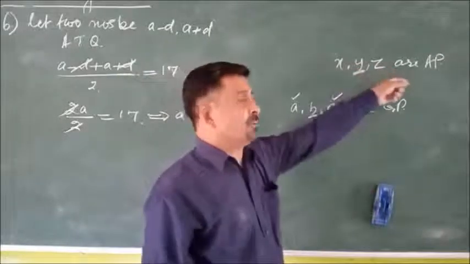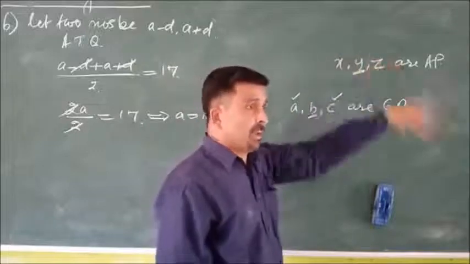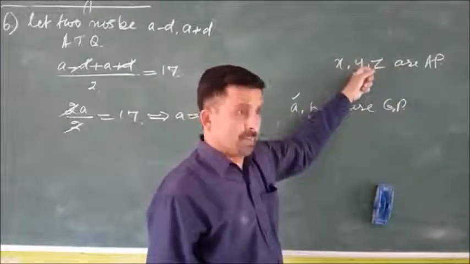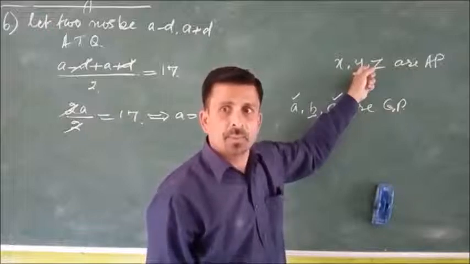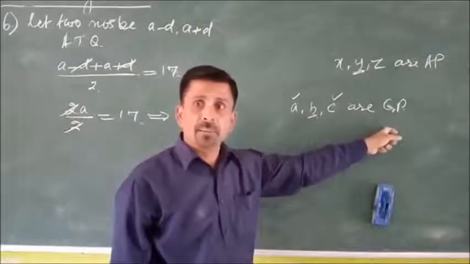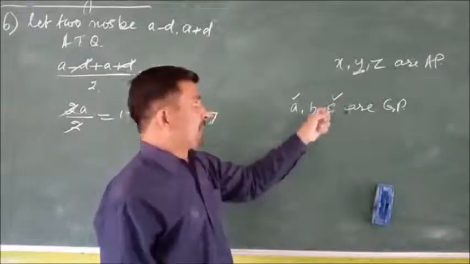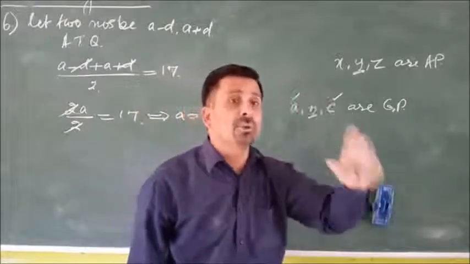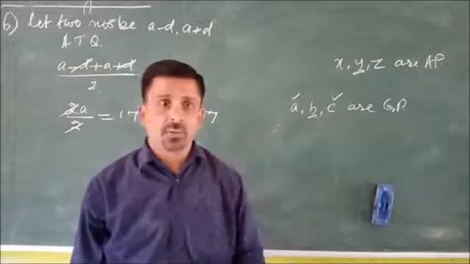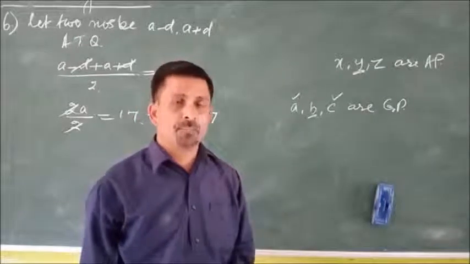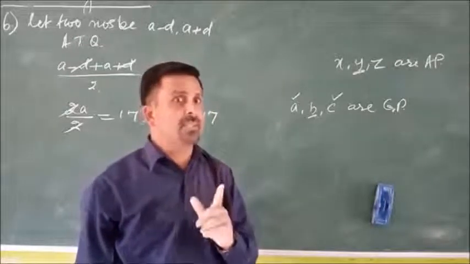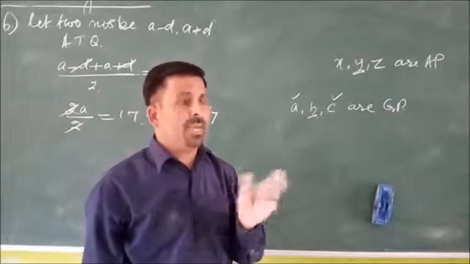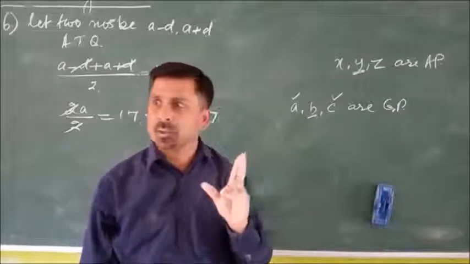For arithmetic mean, we add the two and divide by 2 to get Y. Whereas for geometric mean in a geometric progression, we calculate it in terms of ratio. We have to be very mindful and take the right decision. We cannot mix up. Are you clear with this?